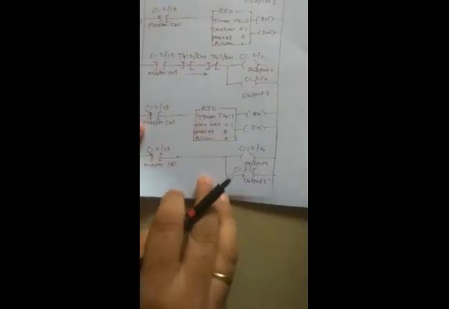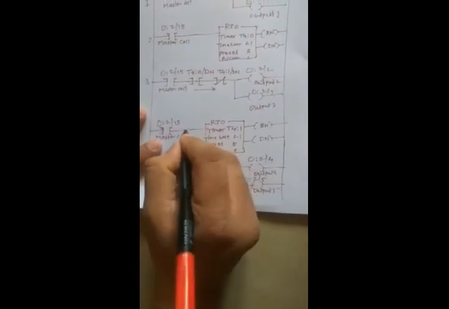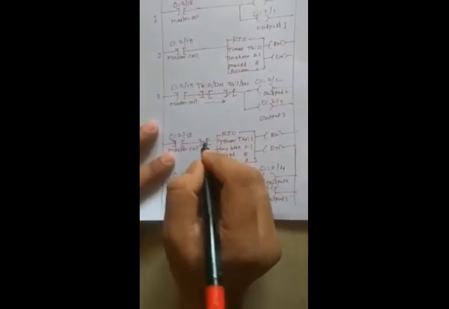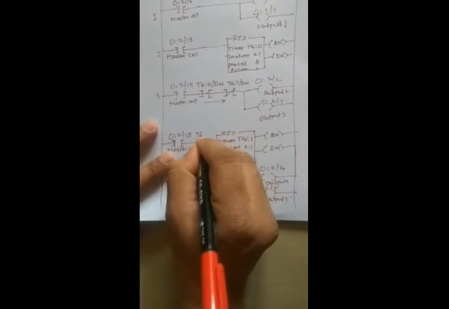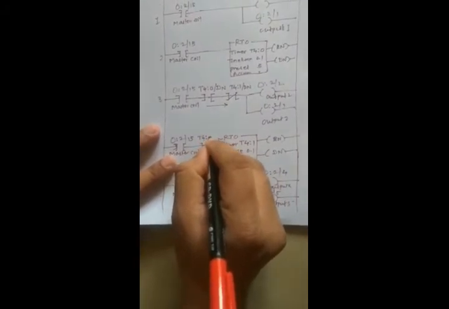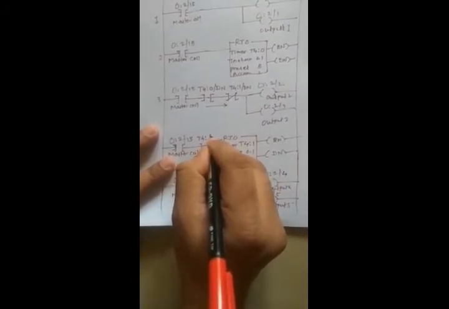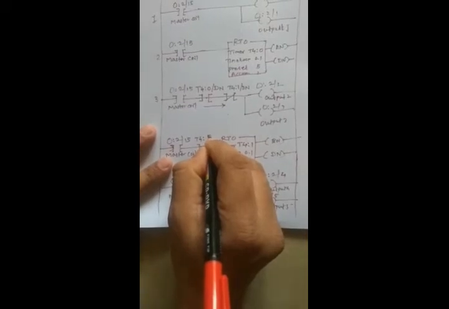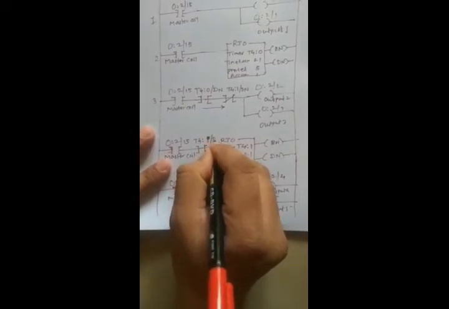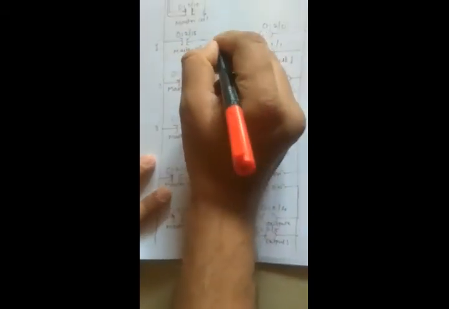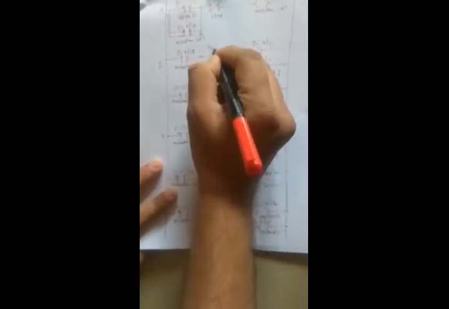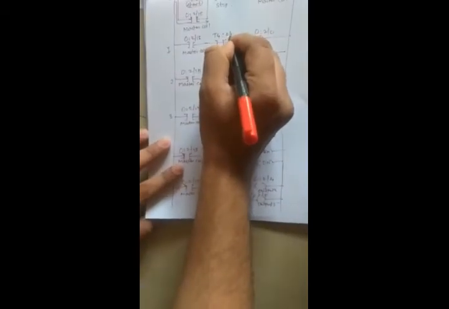In this way, similarly you have to add one more contact over here, the timer T4:1 done bit. Here also you have to add the timer T4:0 done bit.